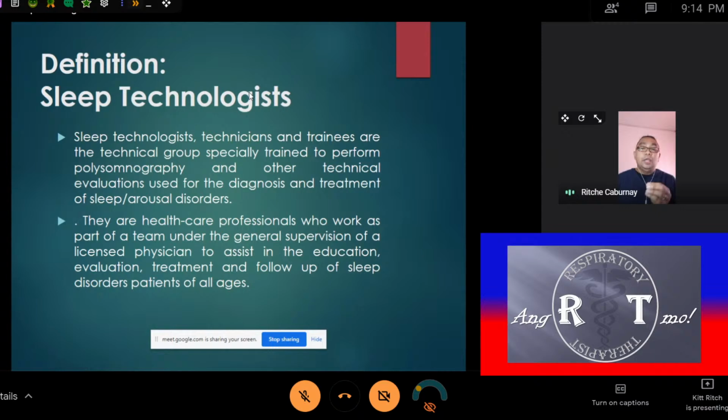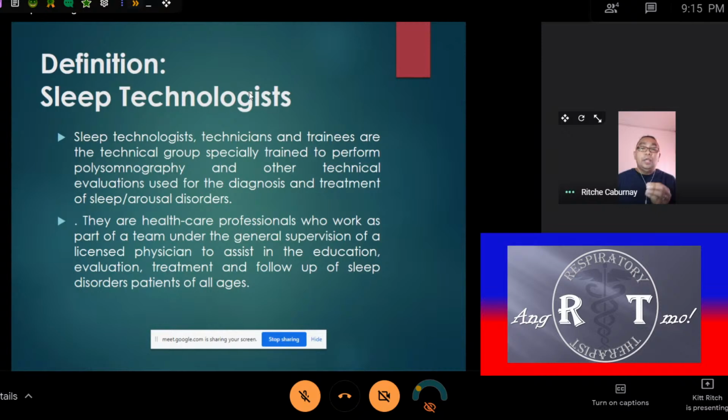But nevertheless, the practice of sleep technology is very wide. That's why, regardless of whether it's a sleep technologist or a sleep technician, you need to be aware of what the profession is. Also, they are healthcare professionals who work as part of the team under supervision of a licensed physician, specifically a sleep medicine specialist or sleep doctor, to assist in the education, evaluation, treatment, and follow-up of sleep disorders of all ages.